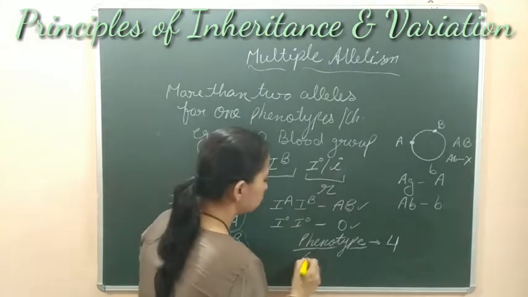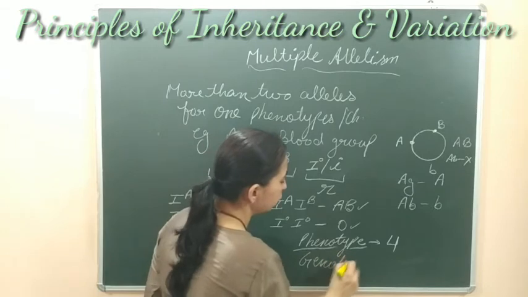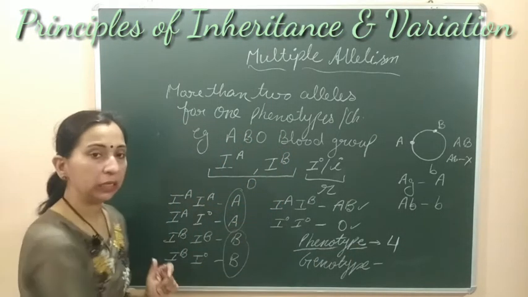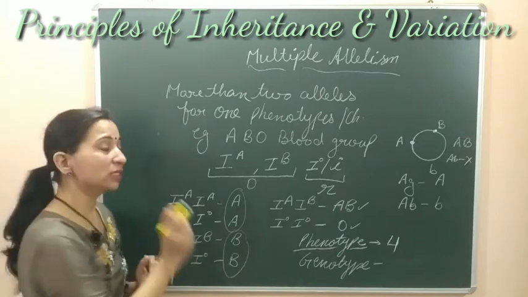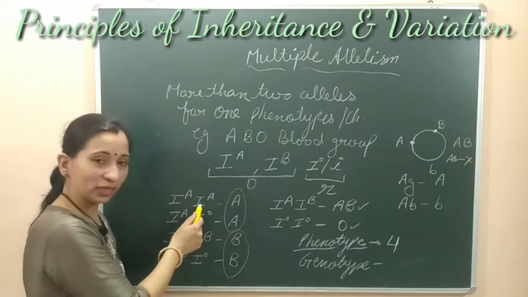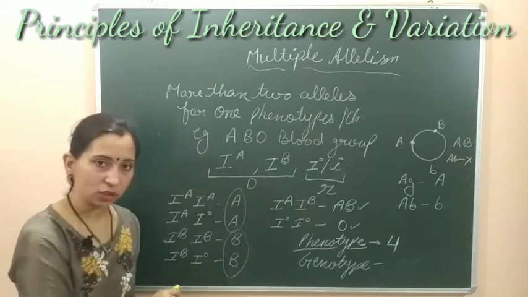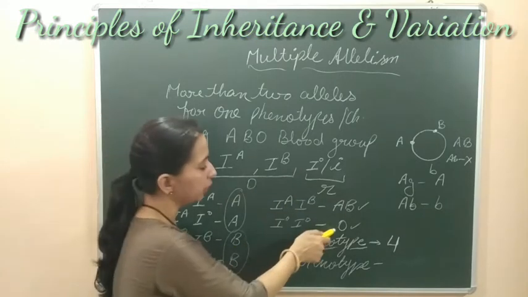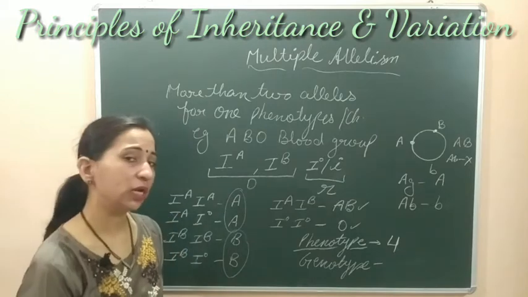And if we talk about the genotype, the possible genotypes for this condition, you can see here, are 6. This is homozygous dominant, this is heterozygous dominant, again homozygous dominant, heterozygous dominant, heterozygous for AB, and this one is homozygous recessive.